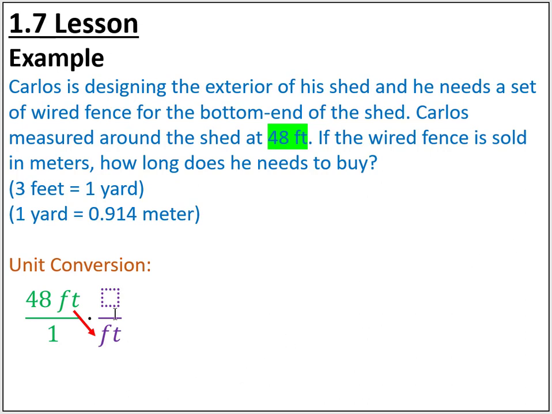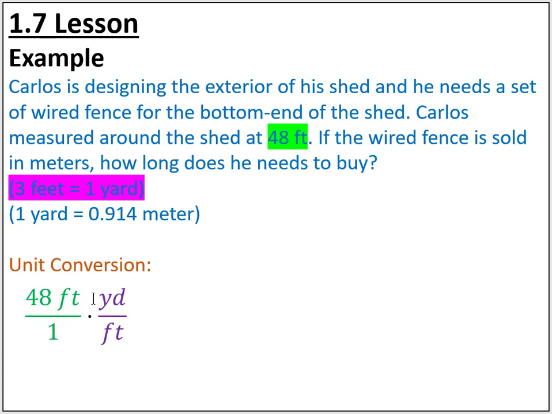Now we're going to look at what information we can use from the given word problem that is associated with feet. Looking at the information given, the one we can use is 3 feet equals 1 yard. Since 3 feet equals 1 yard, the 1 yard goes into the numerator of the second fraction.